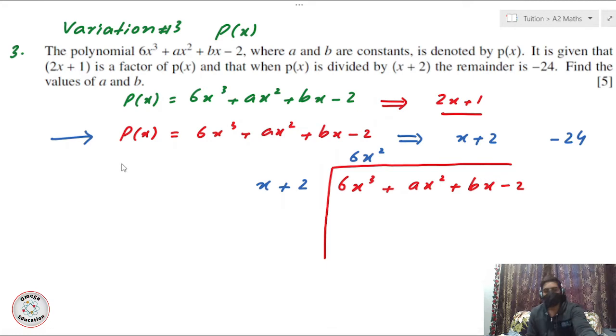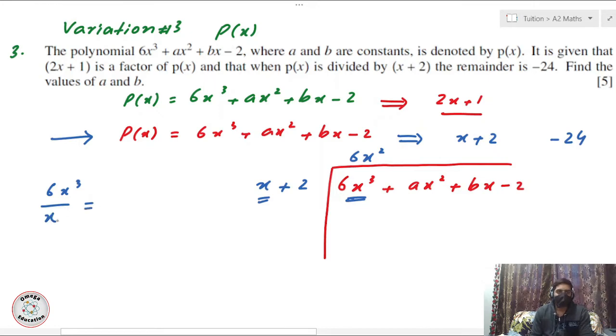But once again, if you struggle with it, simply write the first thing as the numerator of the fraction, and the first thing from the outside as the denominator. Then you simplify it and you get 6x squared. In any case, you'll get the same term.